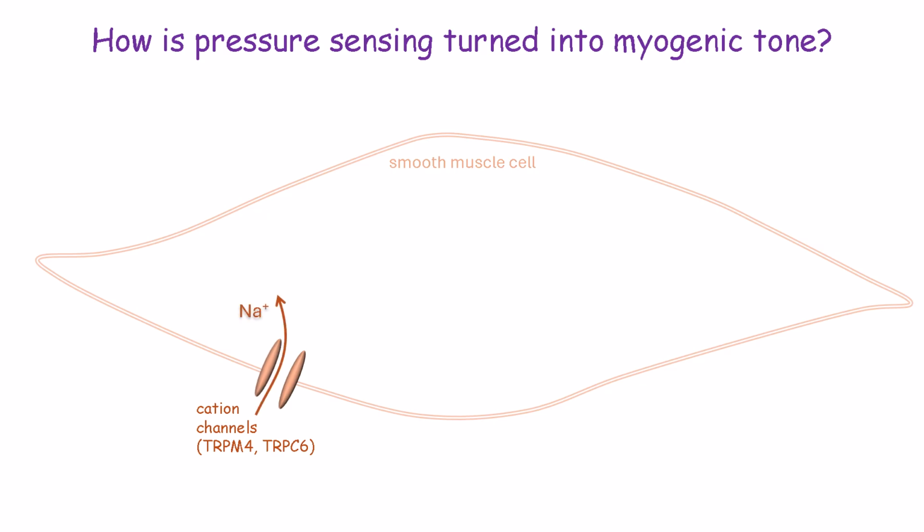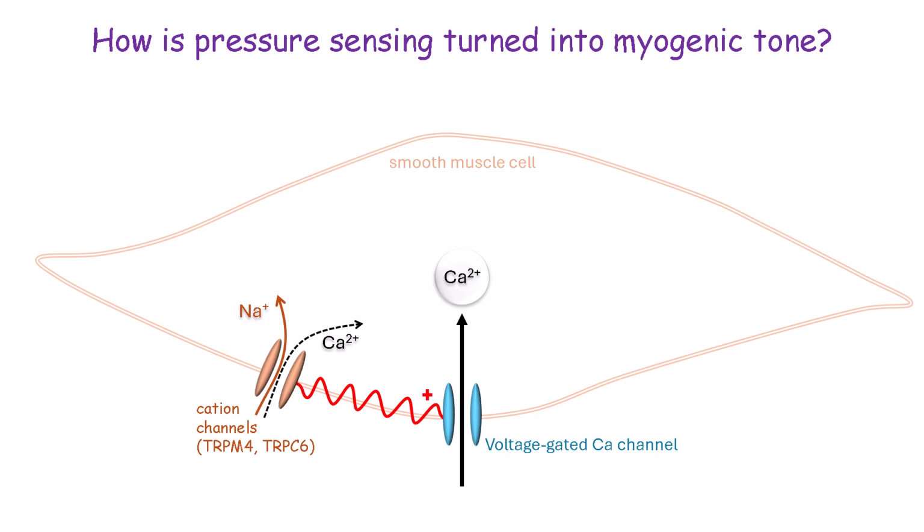Some cation channels, like the TRPC6, also allow calcium ions to flow through, but the main role of these channels is to mediate sodium influx and depolarize the cell membrane. This affects the activity of voltage-dependent ion channels in the membrane, especially the voltage-gated calcium channel. As depolarization spreads along the cell membrane, it opens the calcium channel, allowing calcium ions to enter the cell. Calcium entering the cell in this way triggers contraction.